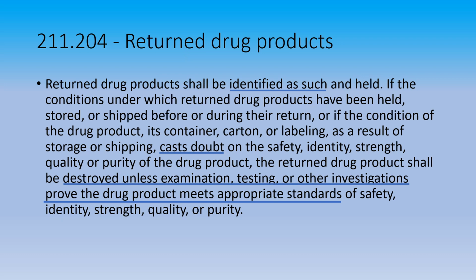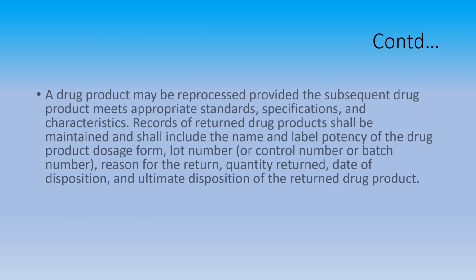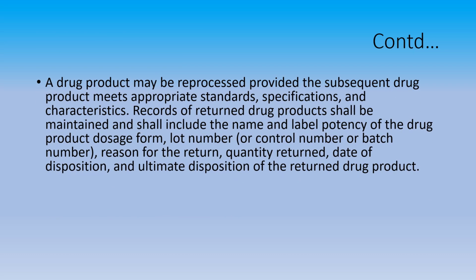If it meets the specifications, it may be considered for any other salvaging action other than destruction. A drug product may be reprocessed provided the subsequent drug product meets appropriate standards, specifications, and characteristics.